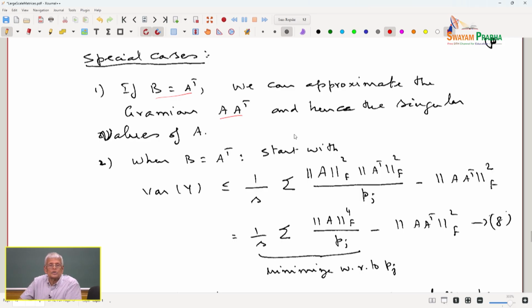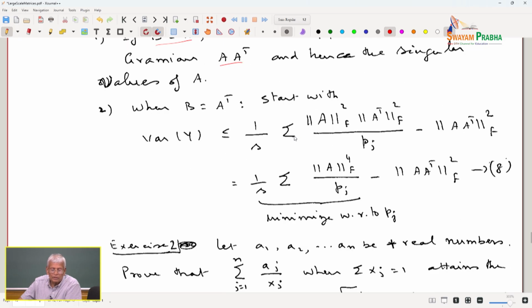There are several methods for computing the first k largest eigenvalues. Special algorithms are available. So by invoking those algorithms, I can compute the eigenvalues of the Gramian, which are singular values of the matrix A.